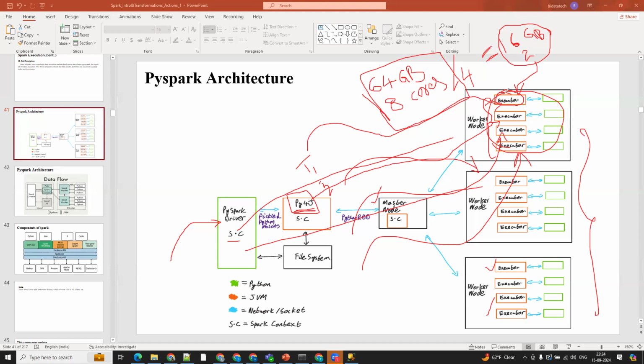If you're executing this particular task, only 16 GB memory and 2 cores will be allocated to it. 16 GB, 2 cores each, equally distributed here. If we have 128 GB of RAM, it will divide accordingly. Clear here?